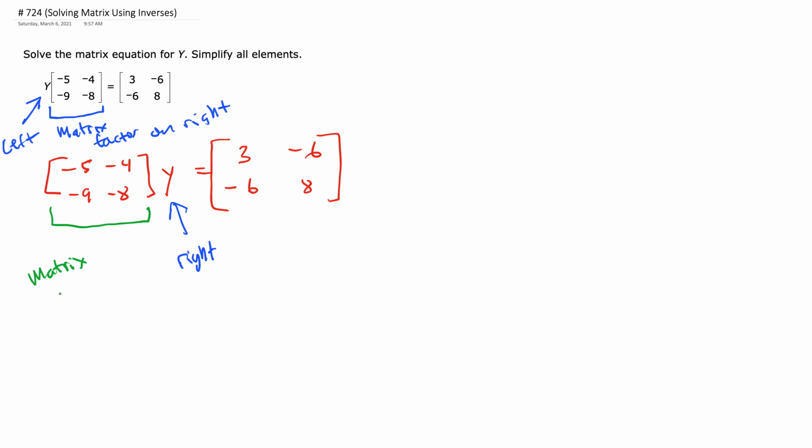Do you know where the matrix that you're multiplying by is on the bottom? On the left or the right? Yeah. Do you get that? Okay. Matrix factor is on the left. Okay. So let me just move this over here, or let me lower it for a sec.